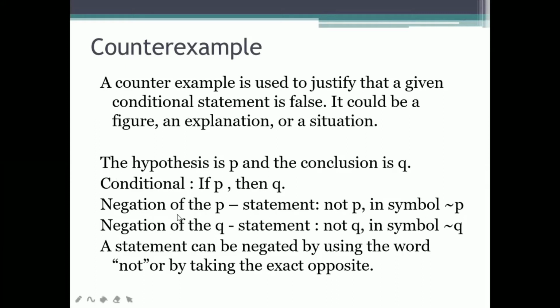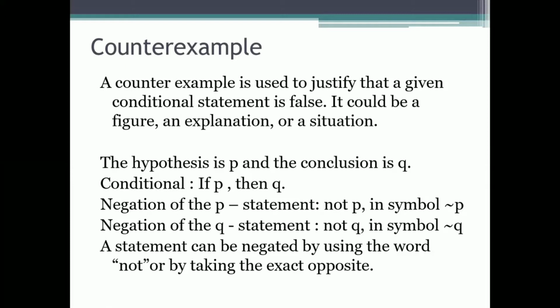So there's a negation of the P. The negation of the P statement, negation meaning negative statement. So not P, in symbol this is not P. Then the negation of the Q statement is not Q, in symbol, this is not Q. A statement can be negated by using the word not or by taking the exact opposite.